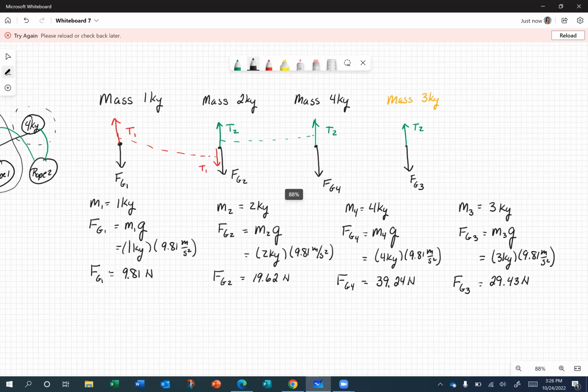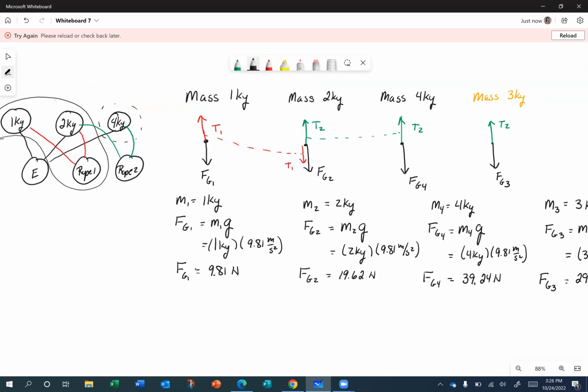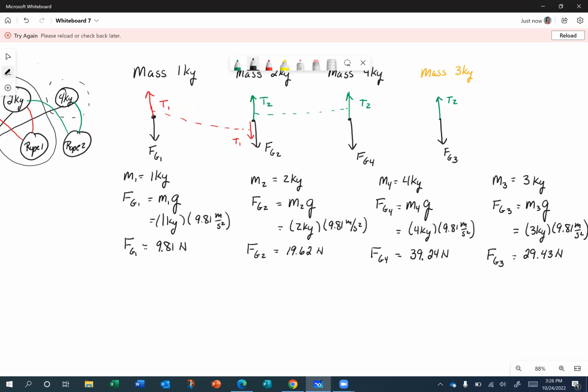That's what we know, right? That's our system diagram, our free body diagrams, and what we know. We also know that all of their accelerations, the magnitude of acceleration of 1, is equal to the acceleration of 2, is equal to the acceleration of 3, which is equal to the acceleration of 4, which we're just going to let equal a.